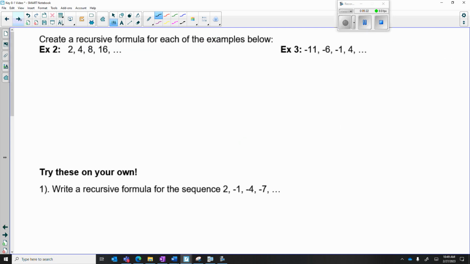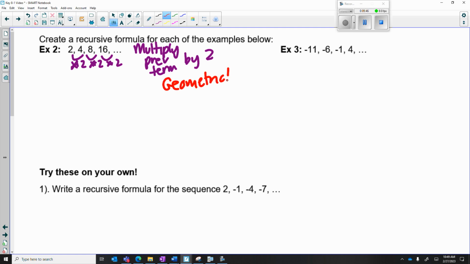Now let's look at number 2. What is the pattern from here to here? I'm hoping you're saying times 2, times 2, times 2. And remember, if you are multiplying the previous term by 2, then that is called geometric. That 2 is called the common ratio, r. So to get my two pieces, 1, 2, my first piece is I state the first term.